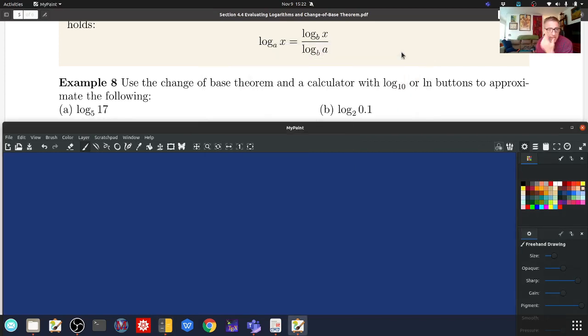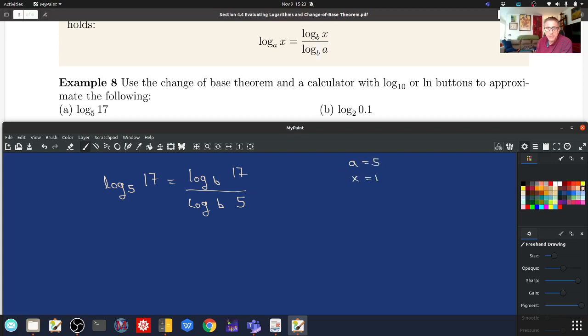Indeed, many times I want to know myself personally what the log to the base 2 is. So log to the base 5 of 17 is equal to log to the base b of 17 divided by log to the base b of 5. So my a value is 5.